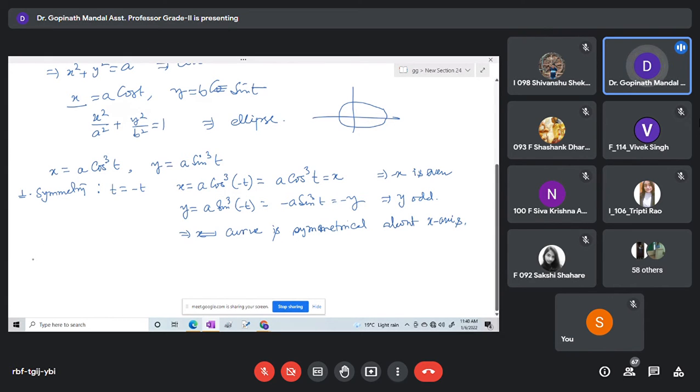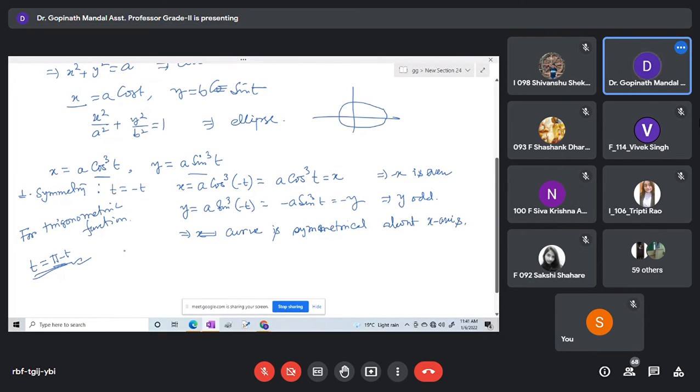Now, if it is a trigonometric function, then for symmetry we also have to check by putting t equal to pi minus t.